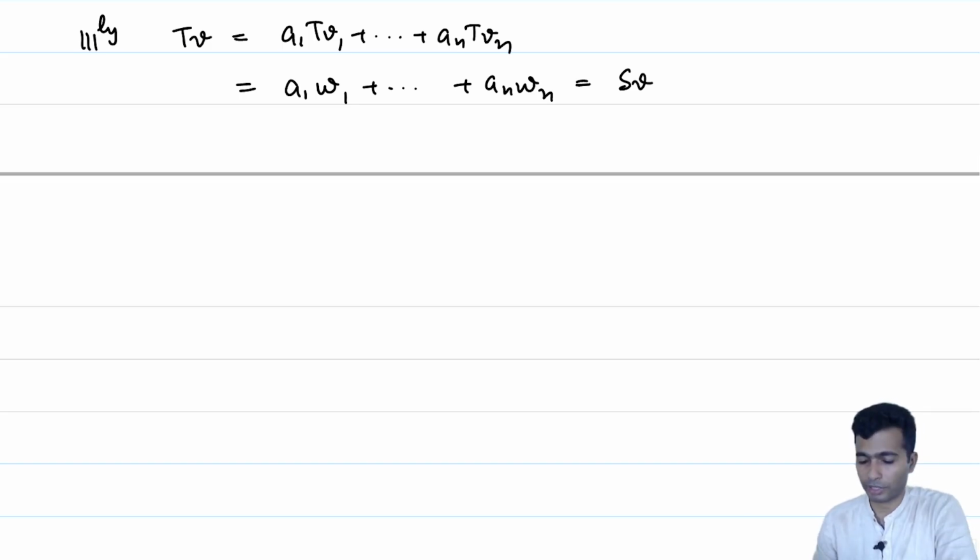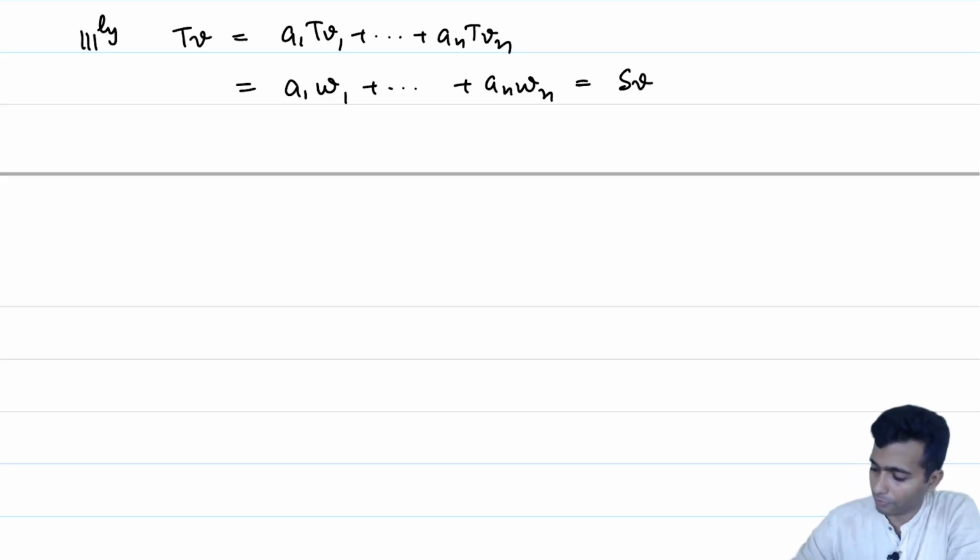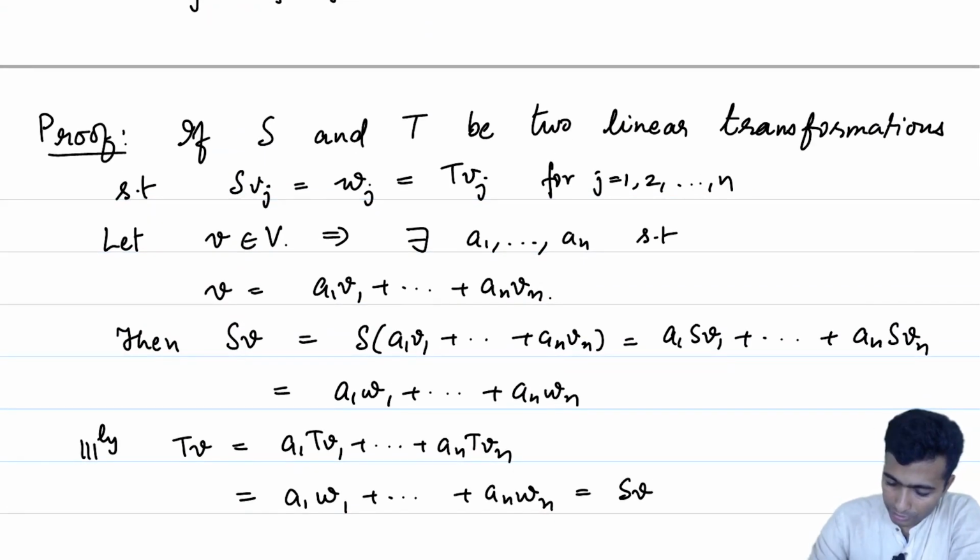There cannot be two such linear transformations. Okay, so we have established uniqueness here.